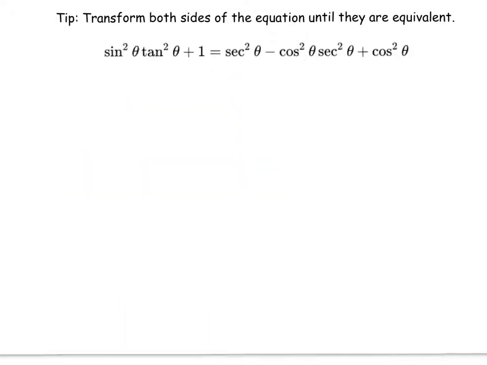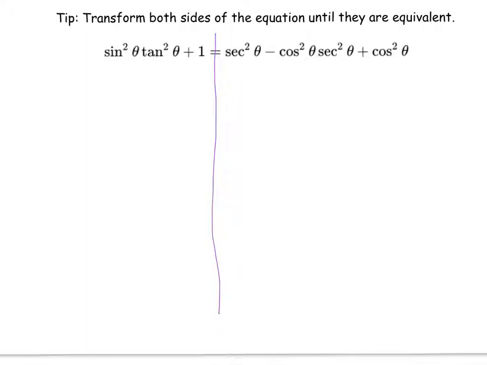Another thing you can do, if you look at this one, both sides look horrendous. You can work on both sides of the equation until you get to something that's the same thing, okay? So what we can do is draw a line through here, and work on both sides until we get something that is equivalent, okay?